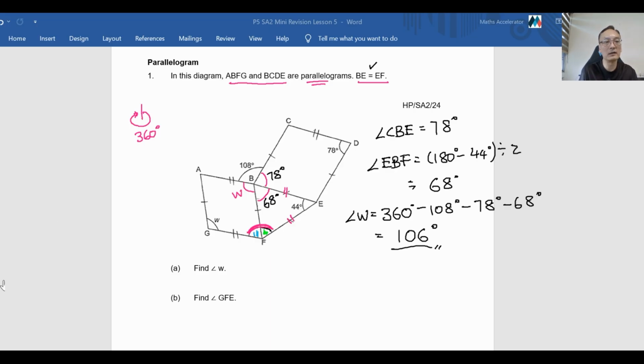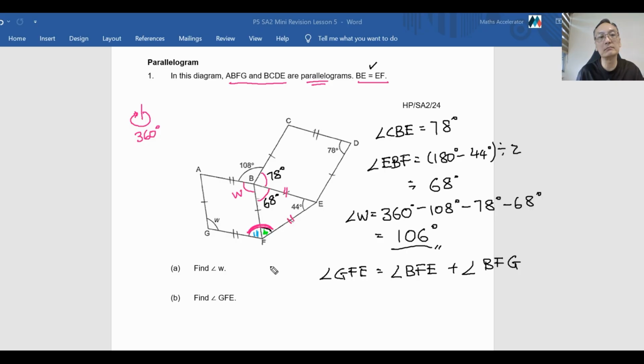So let's write over here that angle GFE is the sum of these two smaller angles. The first one is BFE, and the next one is BFG. BFE is the one in green, and BFG is the one in blue.